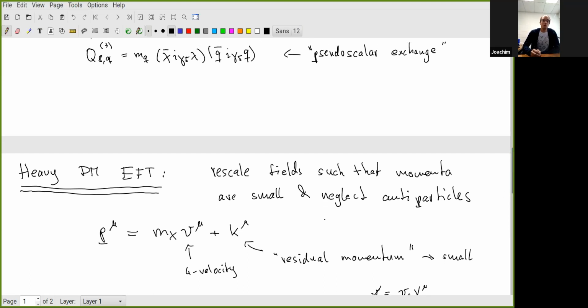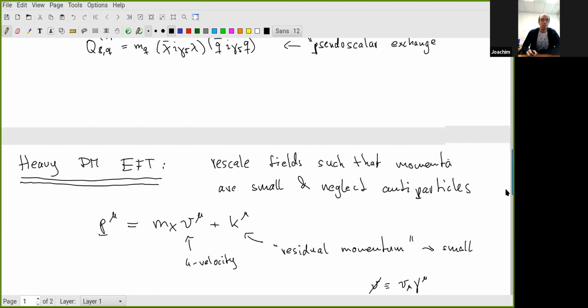And the other thing is we want to neglect antiparticles. So in the relativistic formulation, we have the Dirac spinors, which contain the particles and the antiparticles, but we want to just project out the particle components because the energy is not enough to produce any antiparticles. So just to make everything simpler, we want to get rid of antiparticles. So we split the general momentum into this large mass piece and the residual momentum.